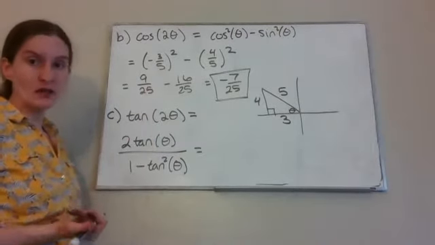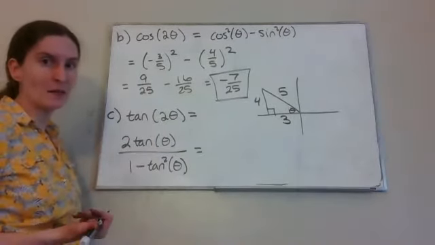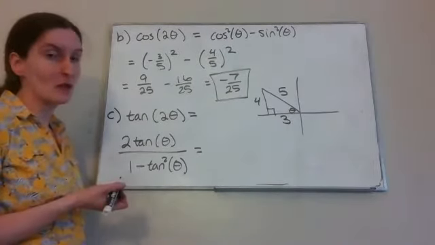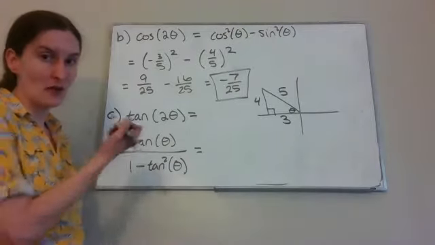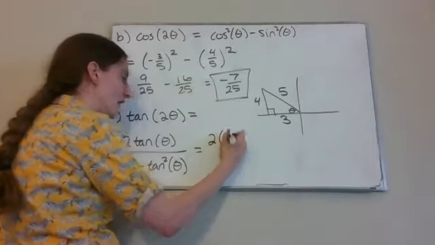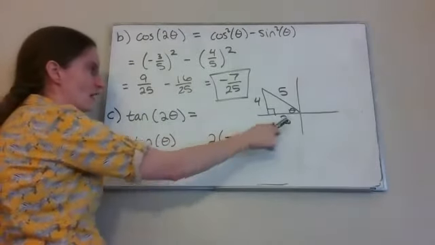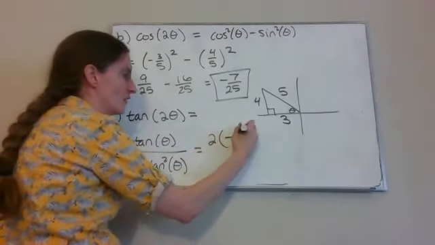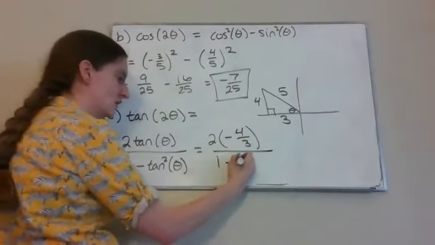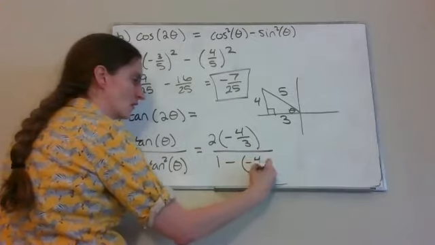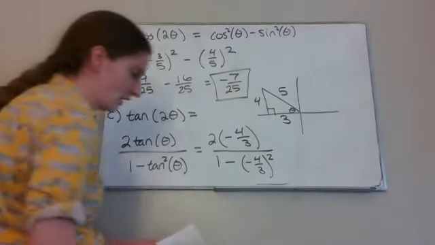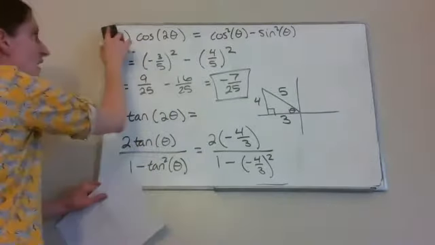Now, I am in quadrant 2, so I know my sine is positive and my cosine is negative. That means tangent is going to be negative because it's the ratio of sine over cosine. Tangent of theta, opposite over adjacent, I get 4/3, but it's negative. So plug in negative 4/3 for all of the tangent of thetas, and then we just have to simplify.